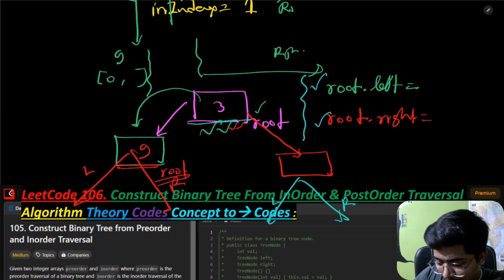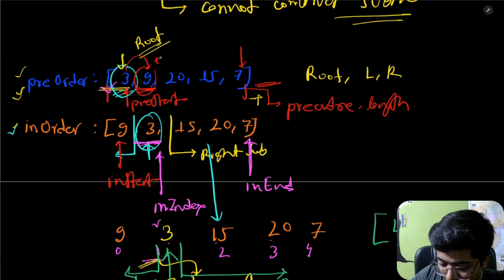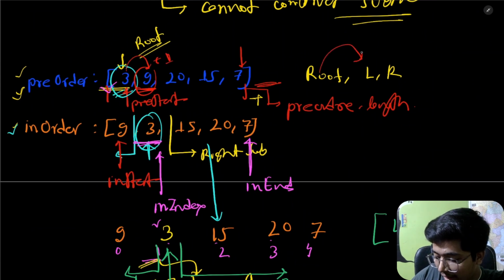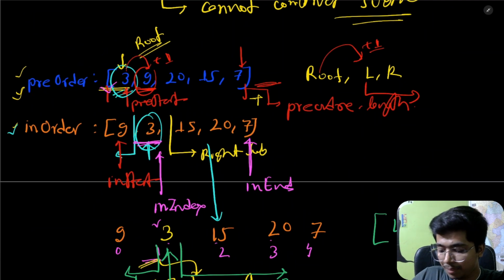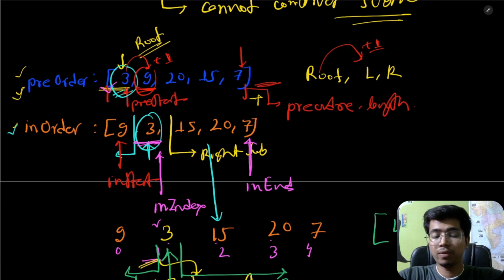That means the value after this root, at index plus one, gives us the left, and this left becomes the root for the next step. So we will be passing this left one as the root for the second step. Did you notice? So now we'll be updating the value of the left side.